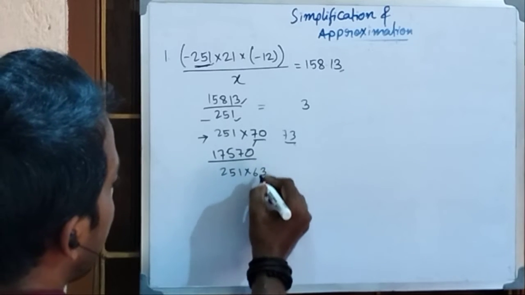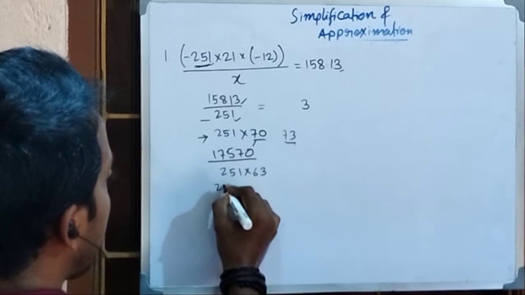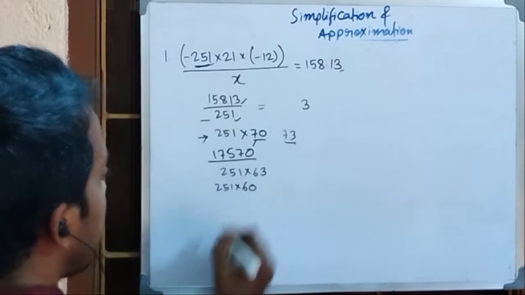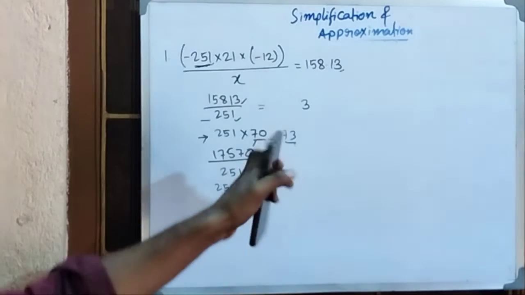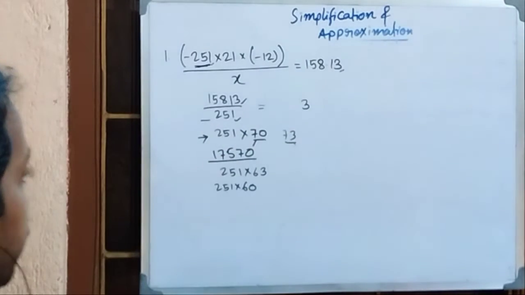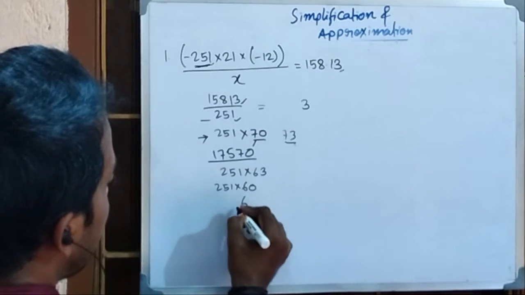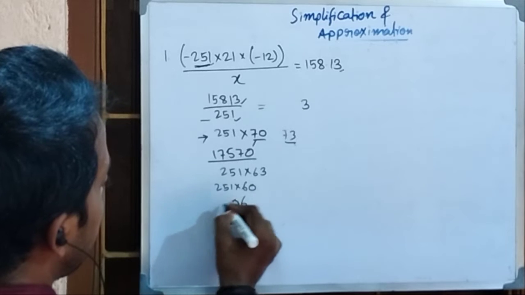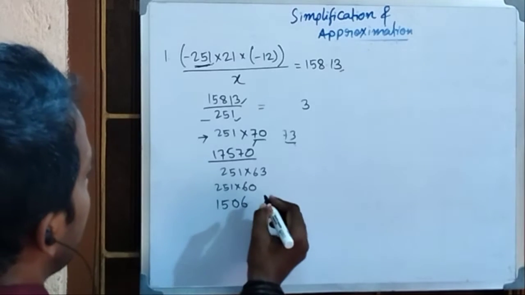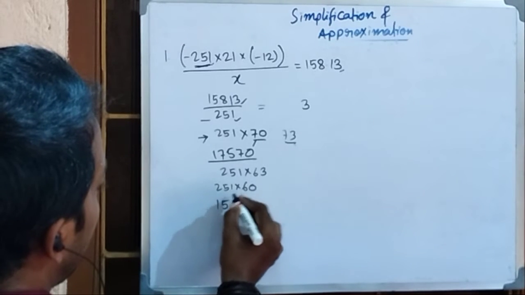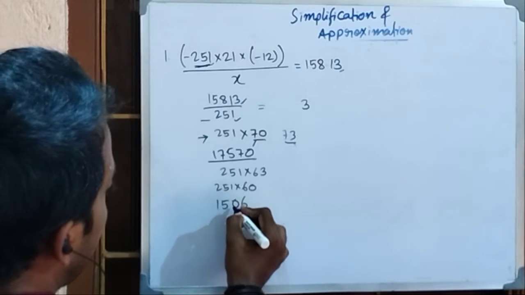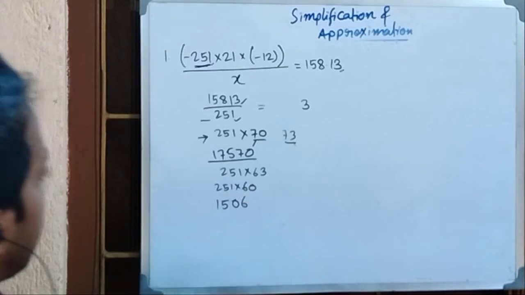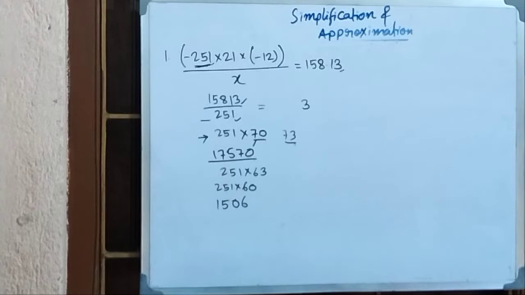Better to check by 60 only, then we can understand that with 63 it will be the answer. So 6 into 5, 6, 30, 6 into 2, 12 and 15, right?